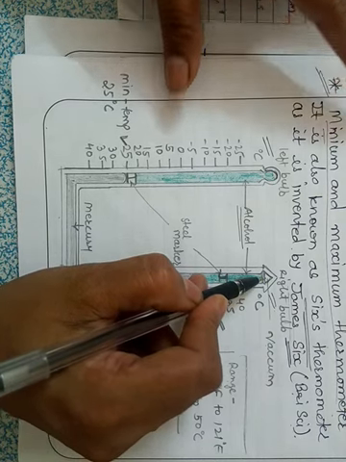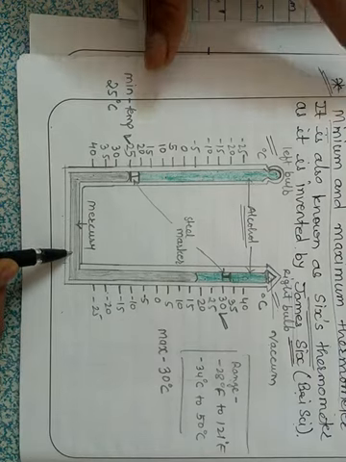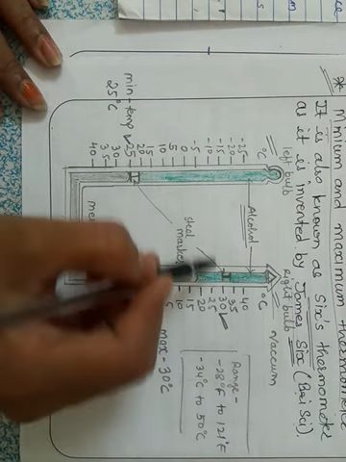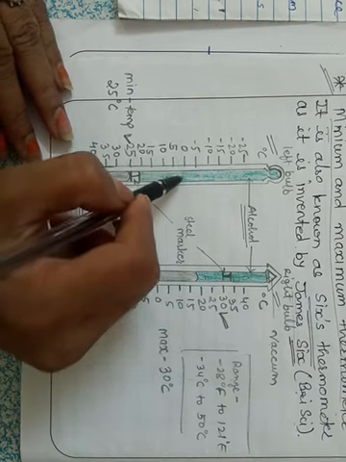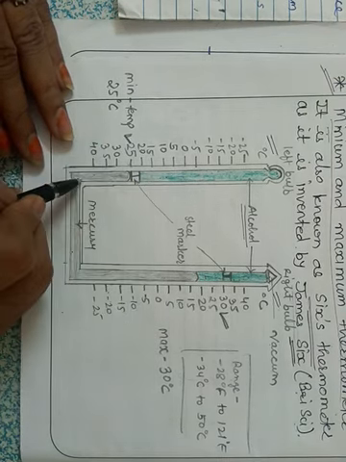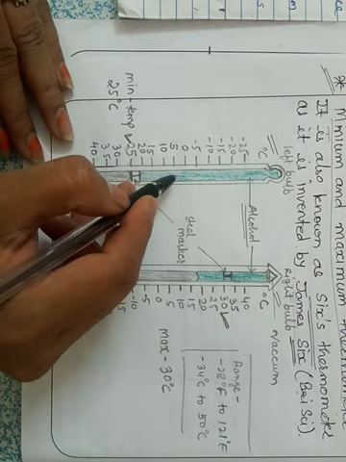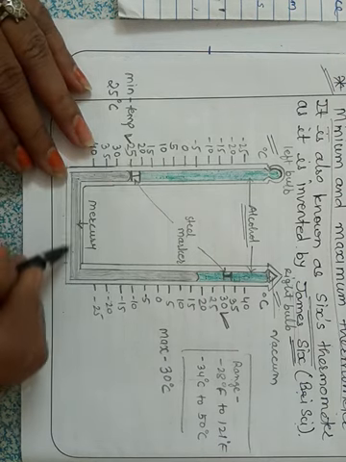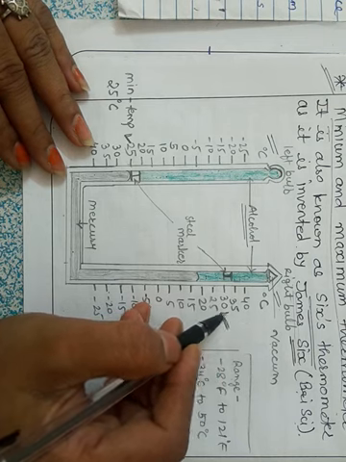Okay, so the bend at the bottom contains the mercury and it moves up and down based on the contraction and expansion of this alcohol. Okay, so when the temperature rises, the alcohol expands and it pushes this mercury up in the maximum column.